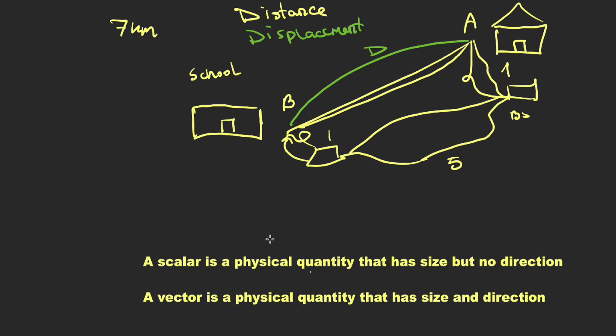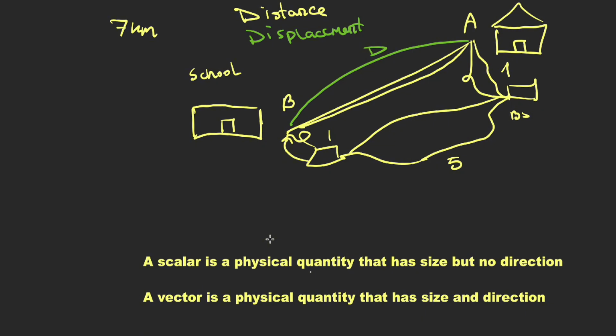And a vector is a physical quantity too that has a size and direction. In your IB physics exam, you'll not have this kind of question, but this is a fundamental concept that you need to understand if you're taking the physics HL exam in May or, I don't know, maybe November.